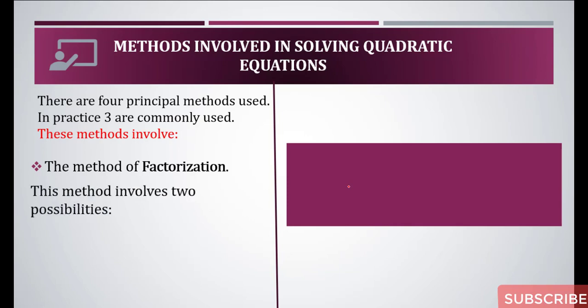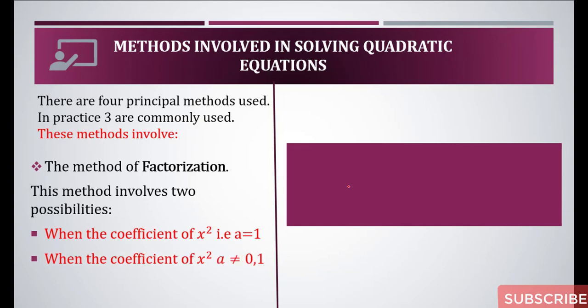The first is when the coefficient of x squared is equal to 1, that is a is equal to 1, and the next is when the coefficient of x squared, a, is different from 0 and 1. These are the respective cases involved in the method of factorization. The others are the method of completing the squares and the method of using the quadratic formula.